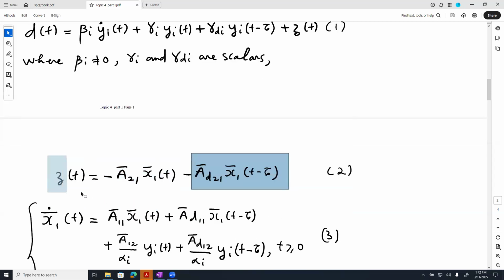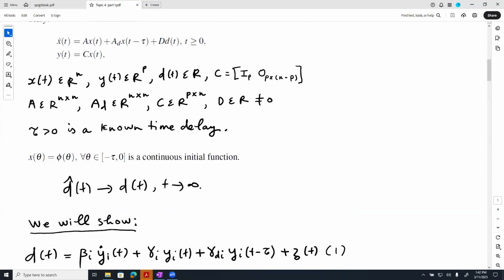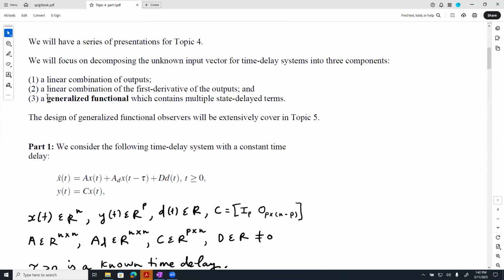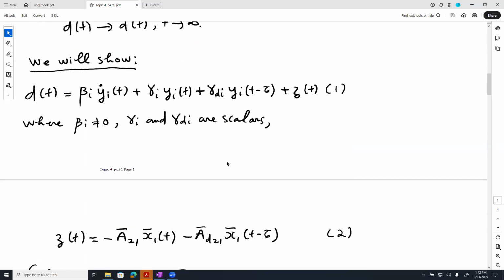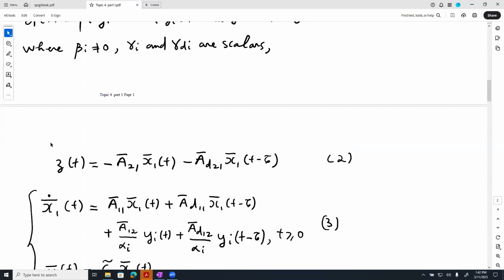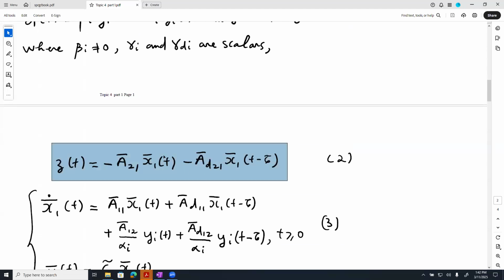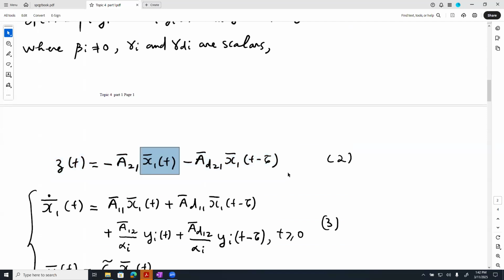And this functional is what we call, in this book, a generalized functional, which is a combination of the instantaneous linear combination of the instantaneous stack vector and the delay stack vector.